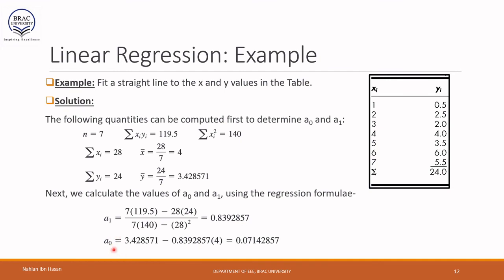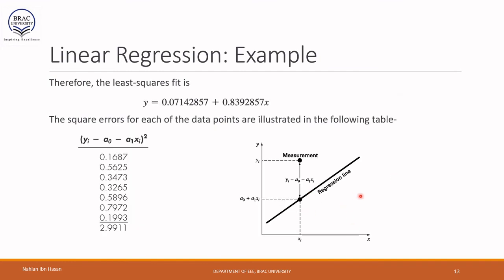So here a naught is 0.07142857 and a1 is 0.8392857. So these are the two parameters for the least square line, the best fit line. Okay, a naught is the intersection point between the fitted curve and the y-axis, and a1 is the slope of the line.